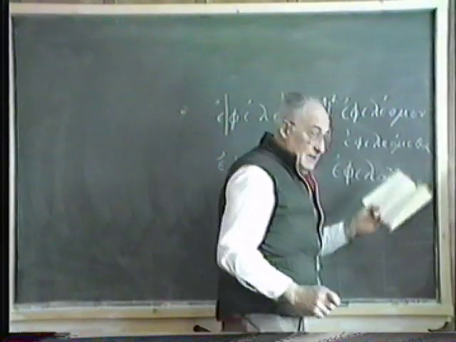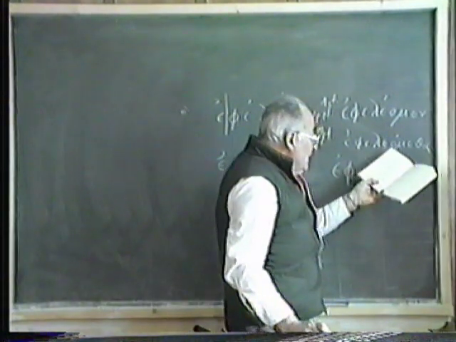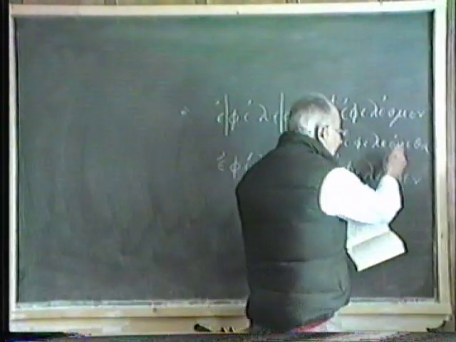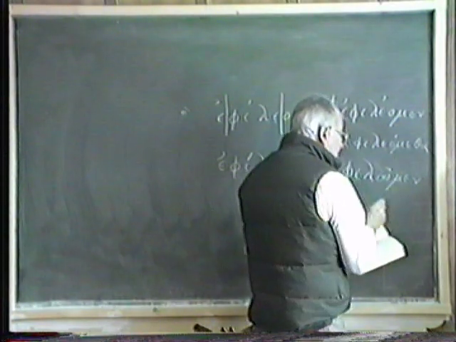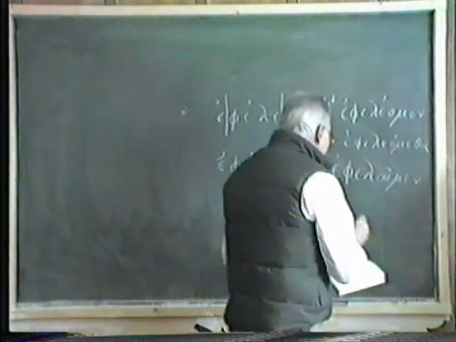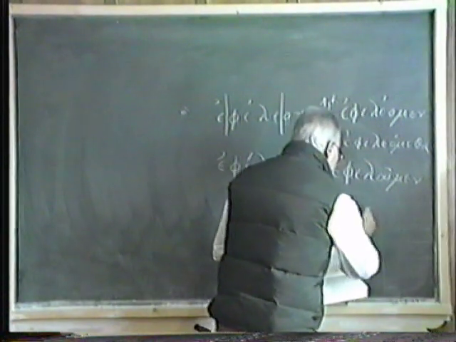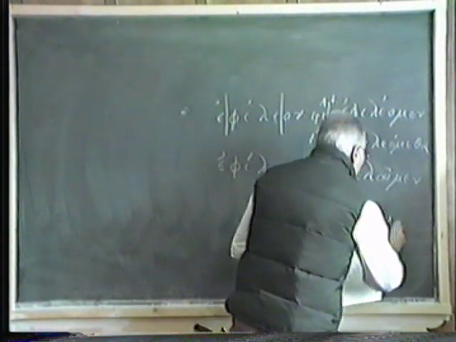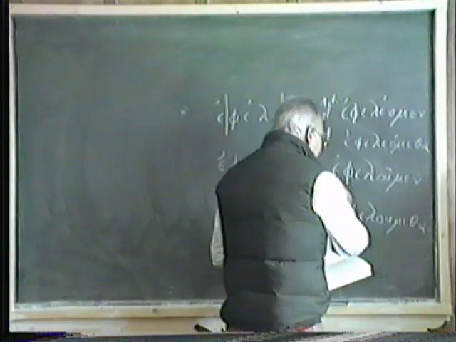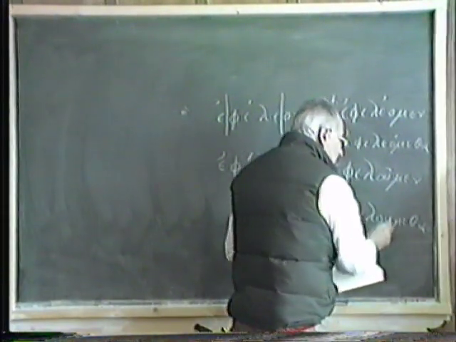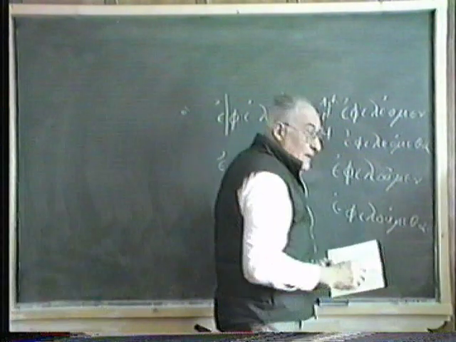Now then, since this is accented as far as your contraction is concerned, since that is accented there, you're not going to have, in the contracted form, the circumflex, you're going to have the acute.